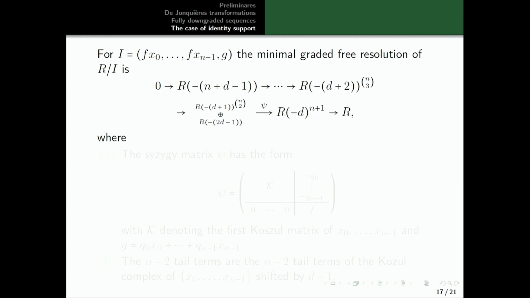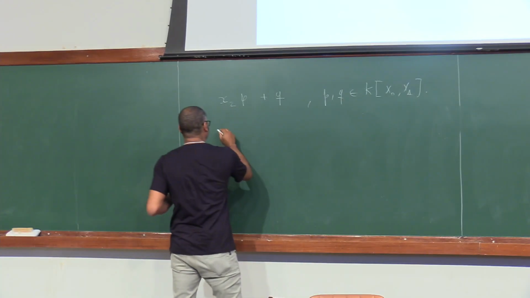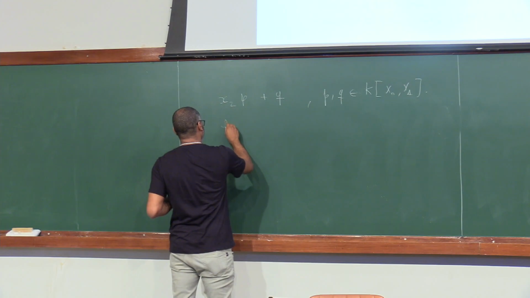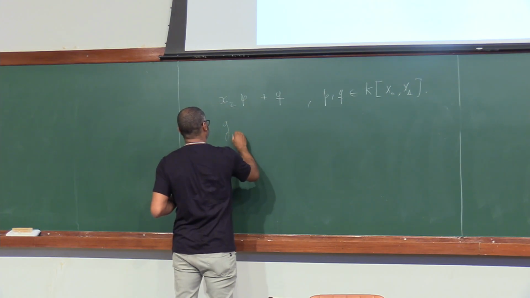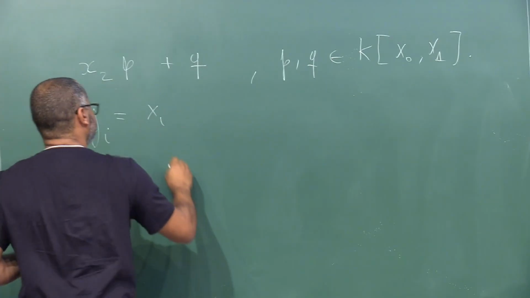And now we consider the particular case when the Cremona support of the Jonquière map is the identity.